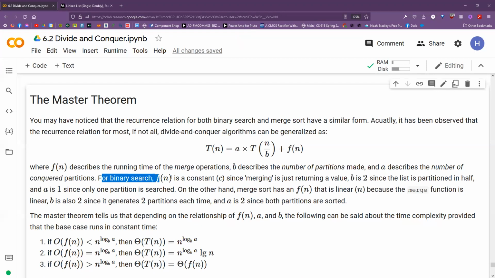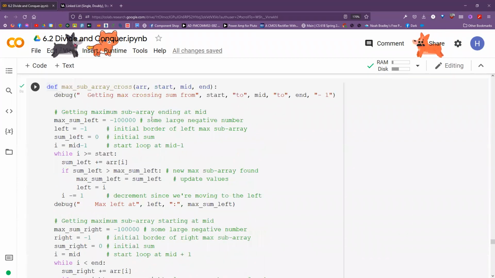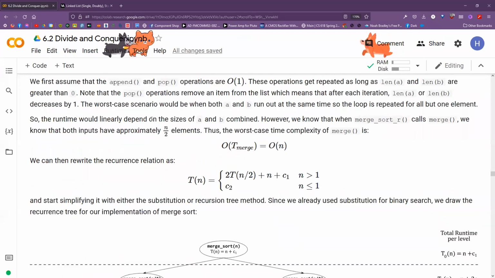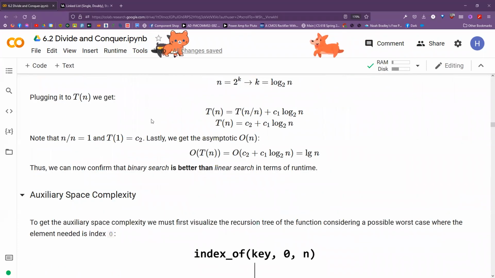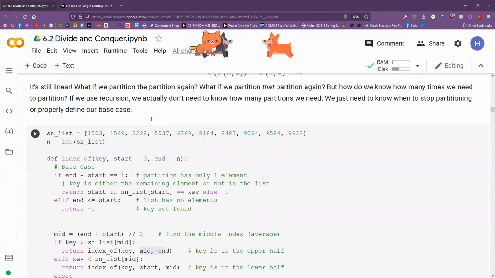So recall for binary search, f of n is a constant since yung merging natin, or I guess anything else dun sa ating function for binary search is just a constant operation.